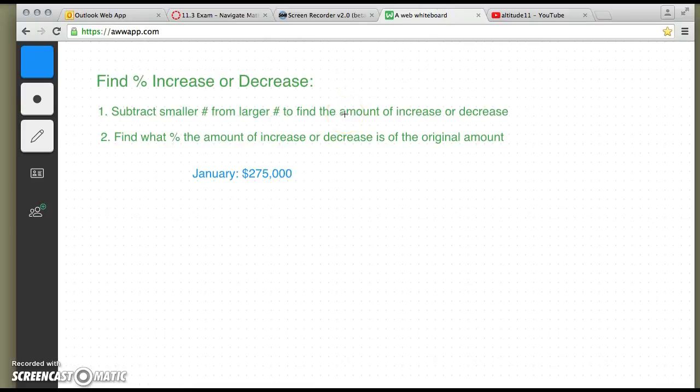So if you turn to page 542 in the book, you'll see a green box there that defines how we find a percent increase or decrease. I wrote that out here. It's a two-step process. You first want to subtract your smaller number from your larger number to figure out how much of an increase or decrease there was.